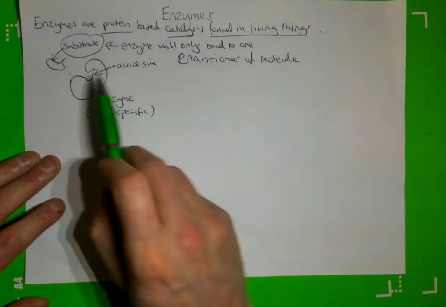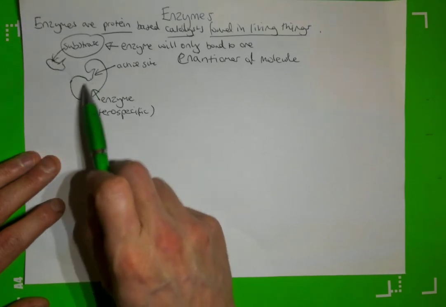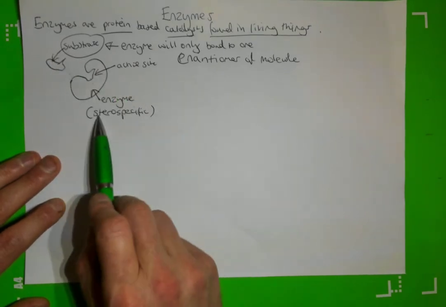So if we took a mirror image of this molecule here, it wouldn't bond to the enzyme. And that's what stereospecific is.